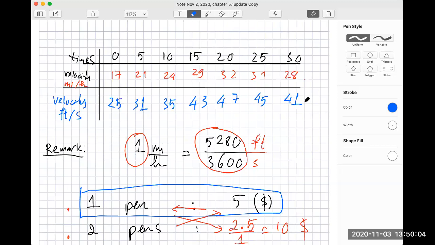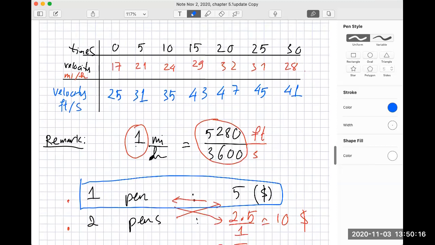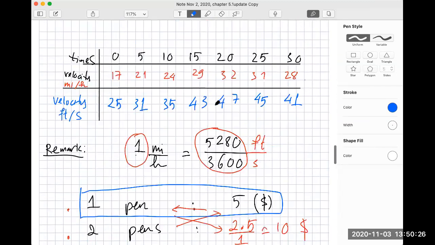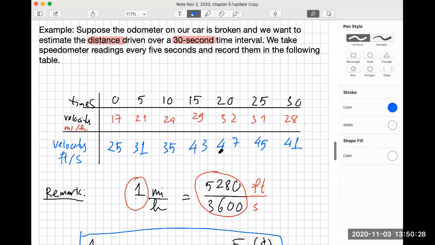We know the tables, right? Then imagine it is similar to a graph of velocity and time, right? Did you get the numbers here? Okay, very good.